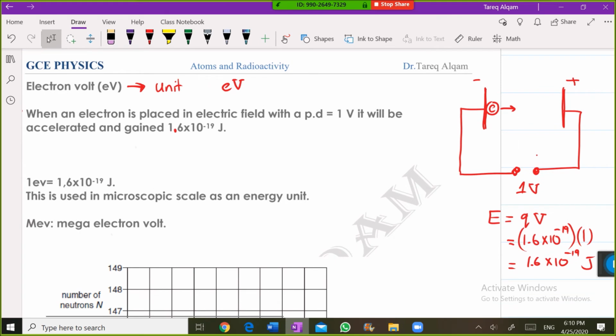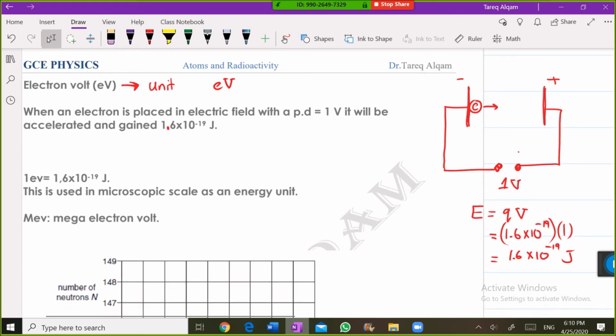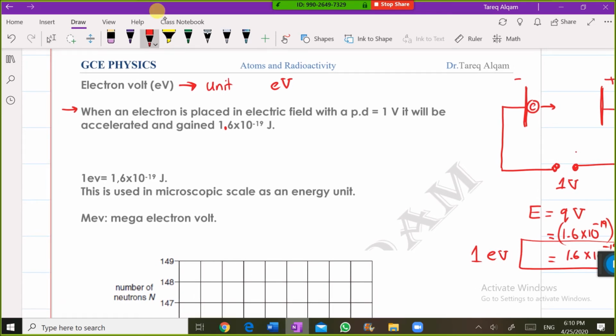This amount of energy is called 1 electron volt. Simply, 1 electron volt is 1.6 times 10 to the power minus 19 joules. This is used for the microscopic scale as an energy unit.